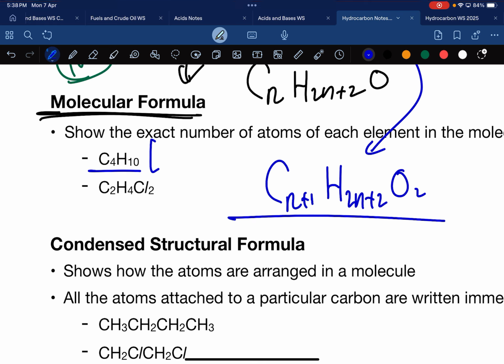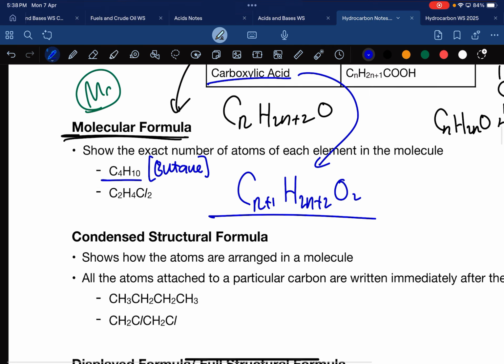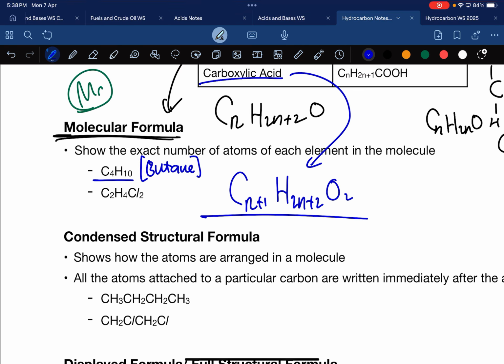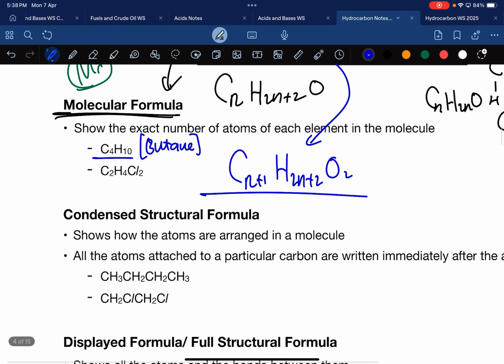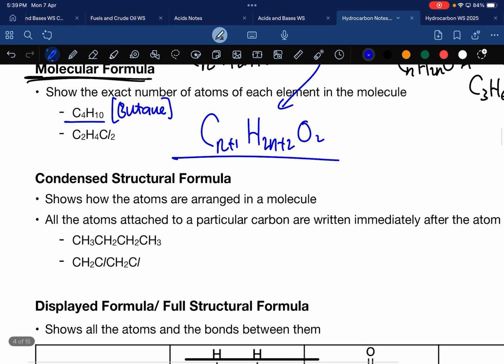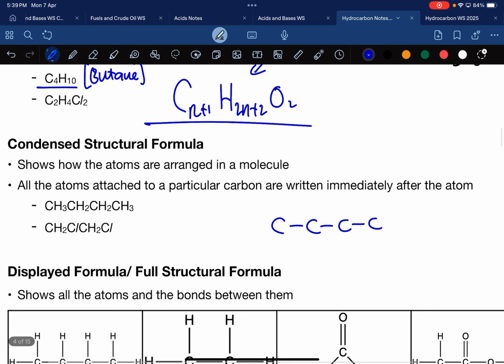So he has 4 carbons. Who is he? Excellent. This guy is butane. But C4H10, if we were to draw him out, I will have 4 carbons. 2, 3, 4. Side by side.